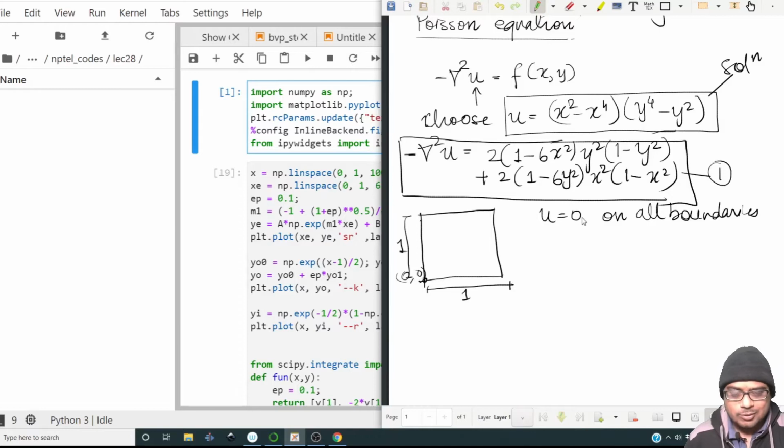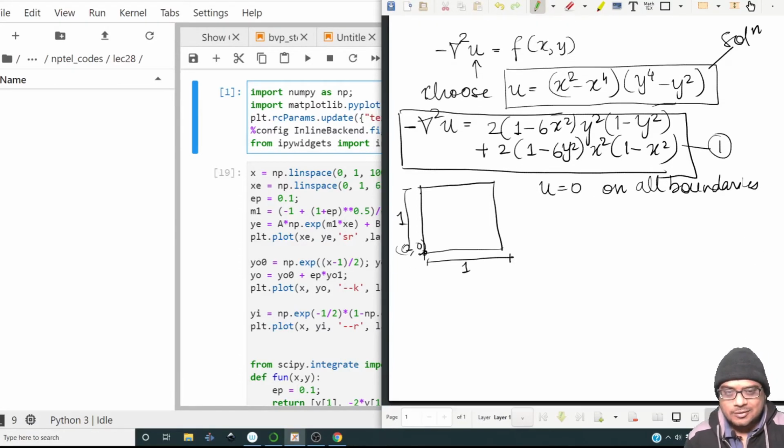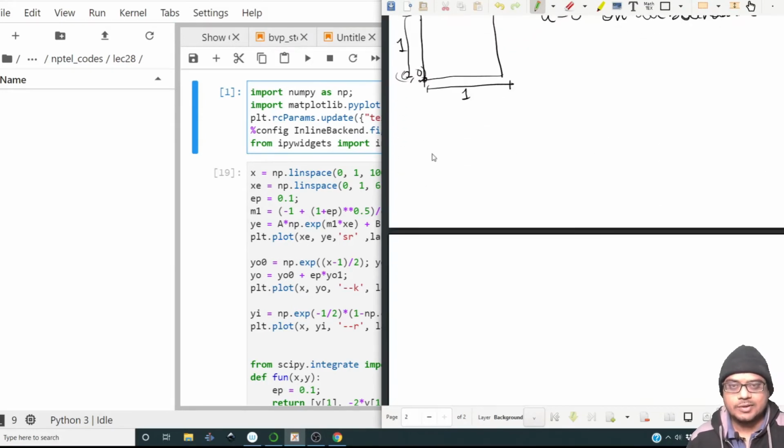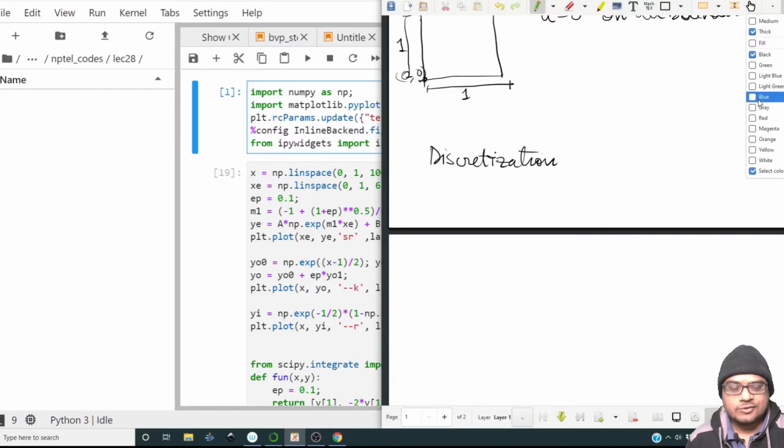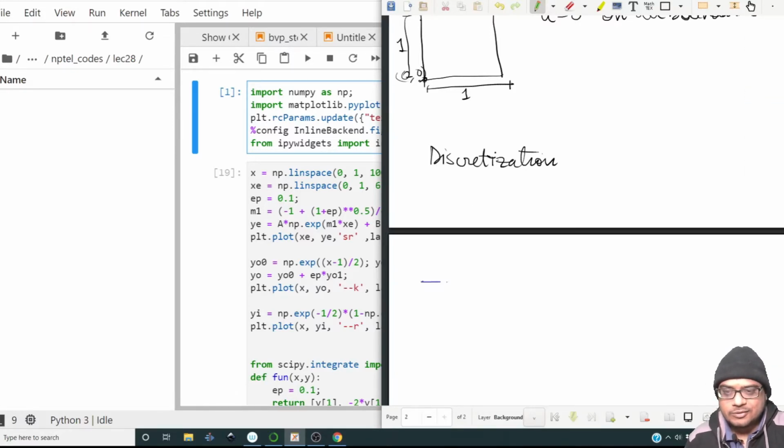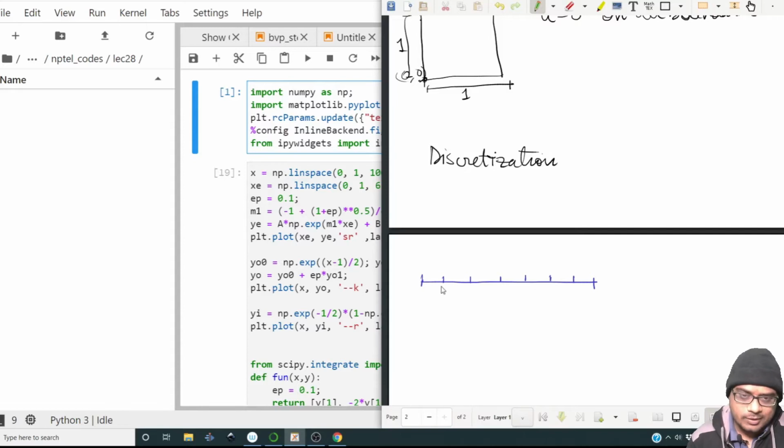So how do we go about solving this Poisson equation? First things first, discretization. We've already covered a one-dimensional problem. In a one-dimensional problem, the boundary value problem consists of conditions at two boundaries, and you discretize the domain like so.